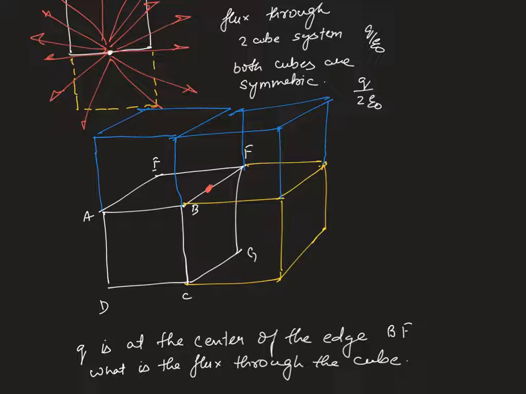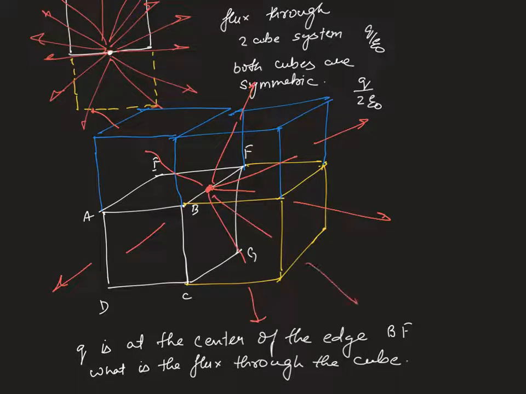And now when you have covered it with 4 cubes, the entire number of field lines, whatever their number is, they may be 10, they may be 100, they may be 50, does not matter. The entire number of field lines are passing through all the cubes, and there is no cube that is left open, or there is no cube that is not being covered.